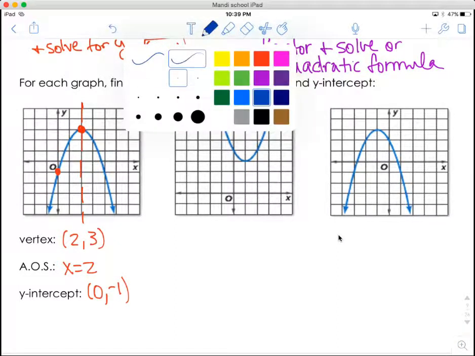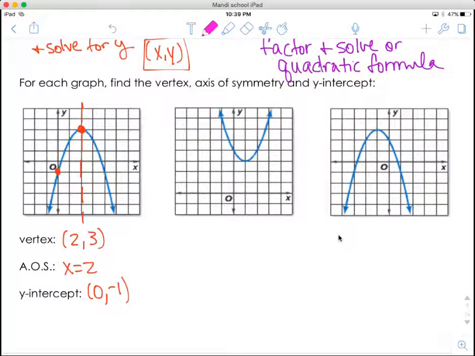Let's not use blue since the graph is blue. Let's use pink. All right, so let's start with the vertex. It's at (1, 3). The axis crosses the x-axis at 1. And the y-intercept is at 0, 1, 2, 3, 4. And we'll save that last one for some practice in class.